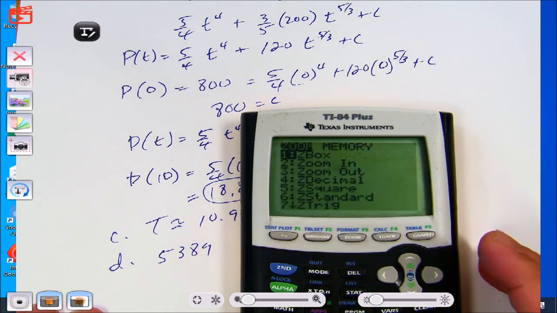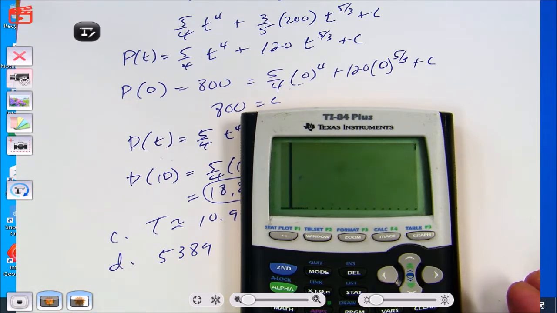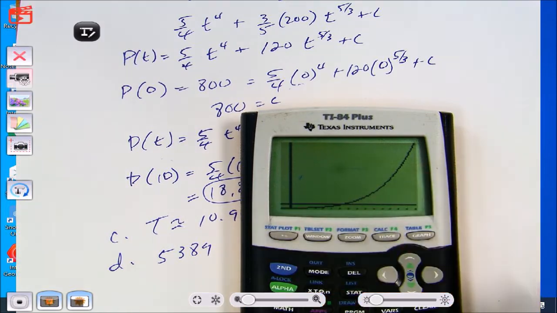Someone suggested zoom fit, so I'm going to do zoom fit. I believe that's choice 0. So you can see the two functions. The horizontal line is the population 5,389, and the other one is the population equation.